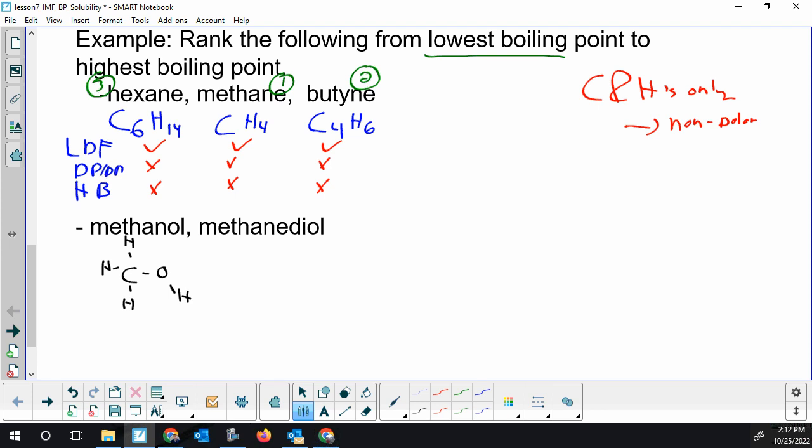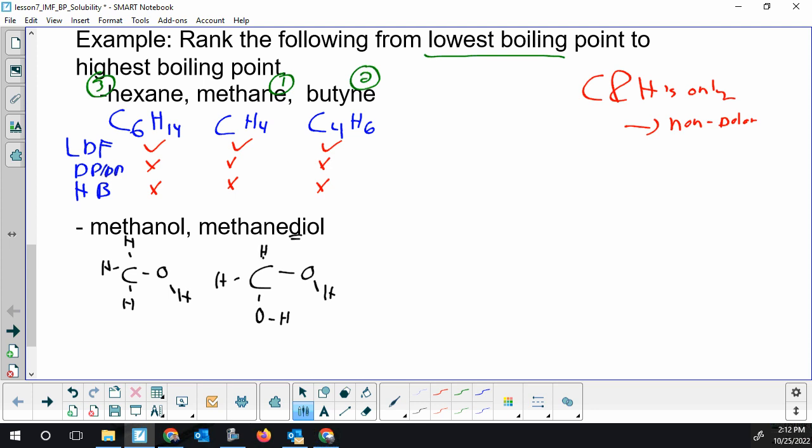Methane diol: meth is still just one carbon, but we've got a di, meaning there's two hydroxyl groups. There's no number because they both are in the one position. So it's kind of methane 1,1-diol with the numbers dropped.